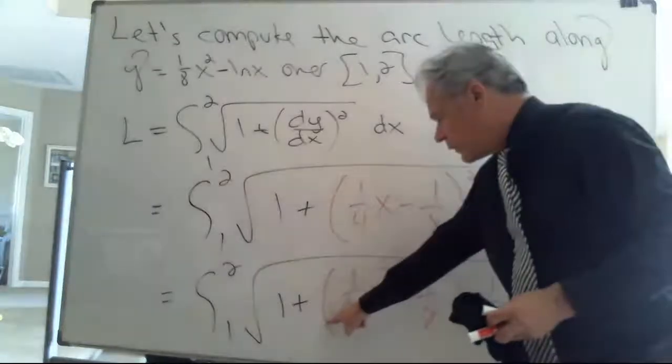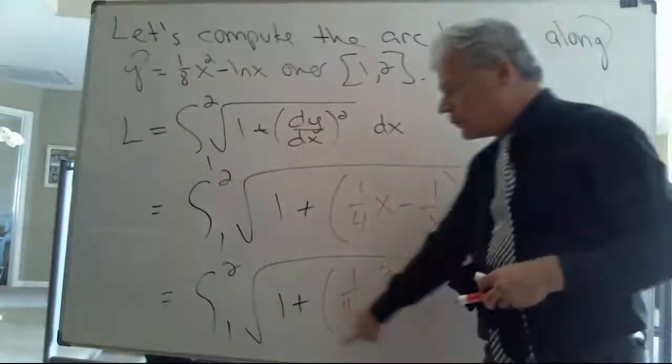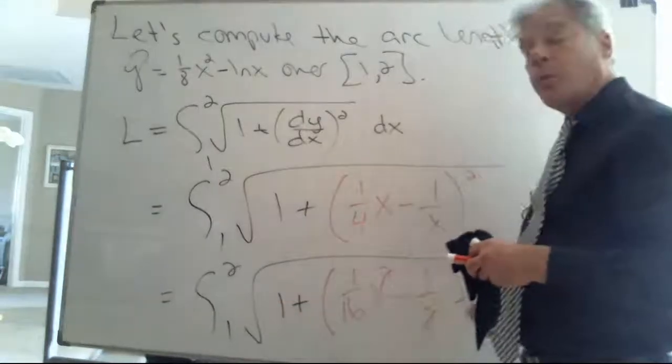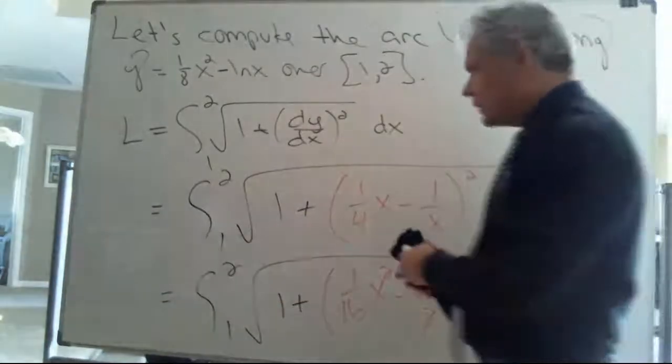And in removing this red set of parentheses, combining these two like terms, that is to say, combining the only two constants in the radicand's position, here's what it generates.